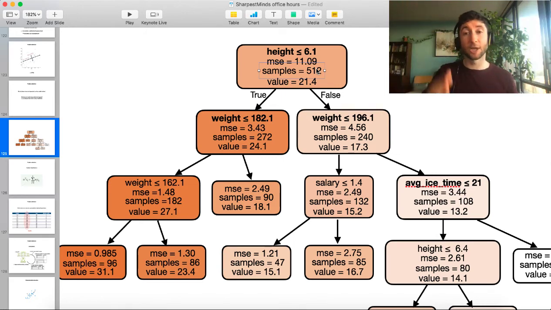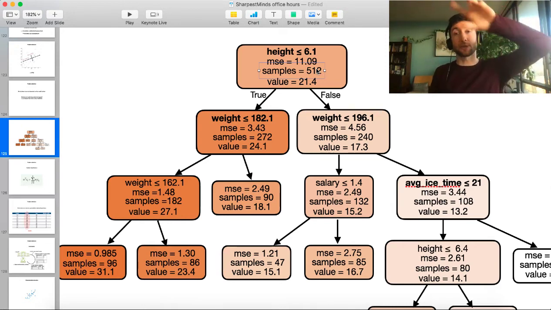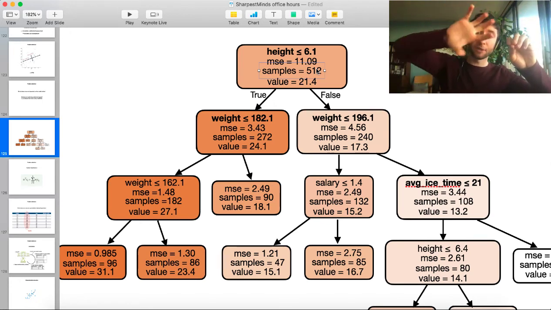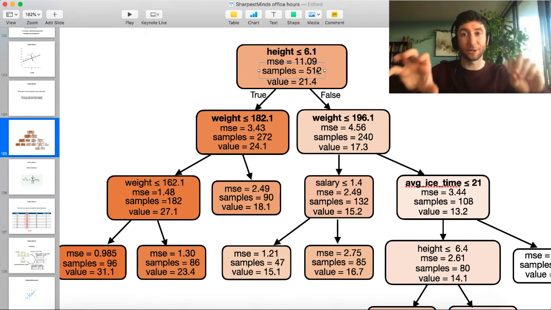You pick a column, like height, and sort your players from shortest to tallest. You test out every possible way of splitting up the players based on that column. So you take the shortest player, move him into this bucket, and move all 511 of the tallest players into the other bucket. I'll calculate the weighted average mean squared error for that particular split, and store that number.